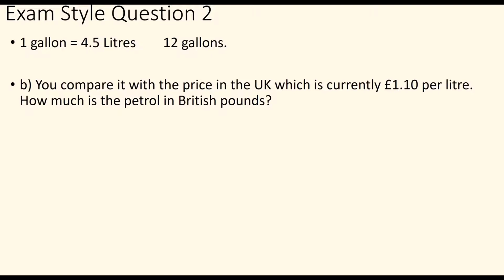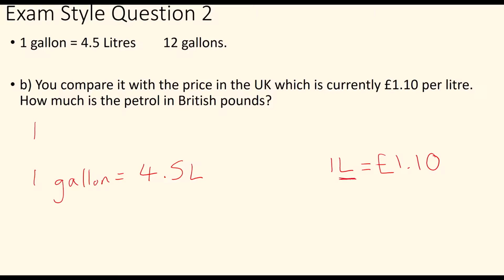So what we want is the final answer, a cost, and what we're given, I'll write it a bit further down: 1 gallon equals 4.5 litres, and for every 1 litre it's £1.10 in British pounds. So before we can get a final cost, we've got to find out how many litres of petrol there is.